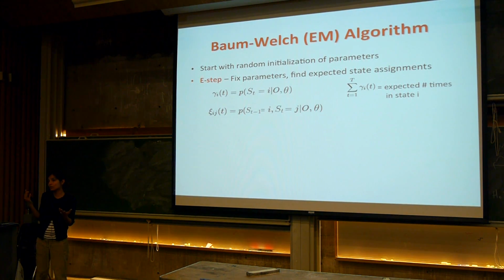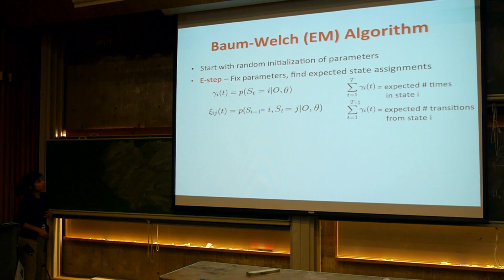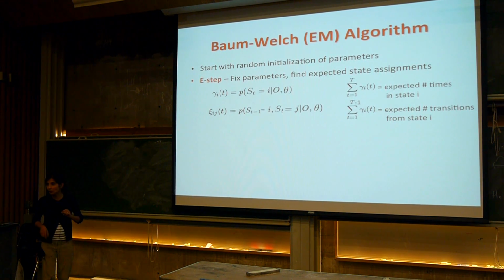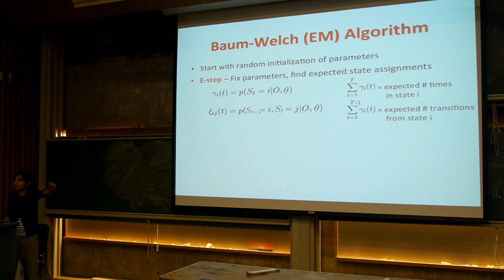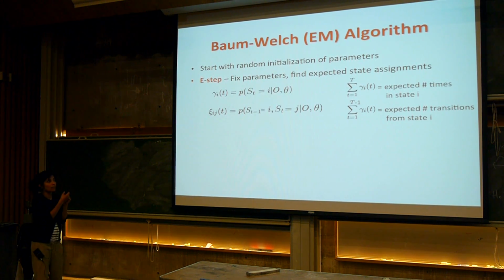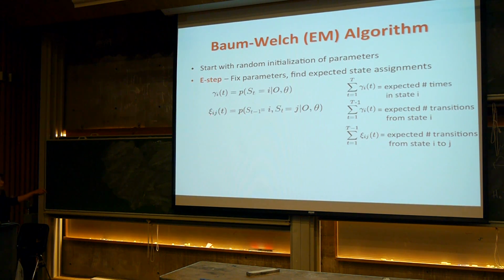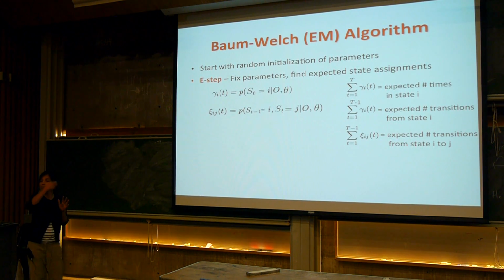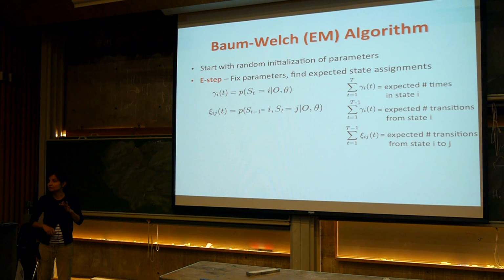And similarly, if I sum only from t equal to 1 to T minus 1, not all the way up to capital T, the last point, then I'm counting how many times I transitioned from state i into something else, if I just don't count the last one. If I do the same for the second variable, which is the probability of two consecutive states, I get the expected number of transitions from state i to state j.